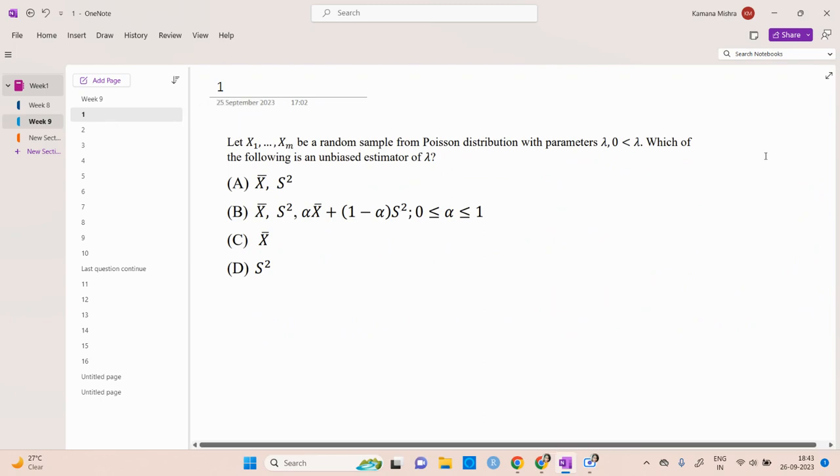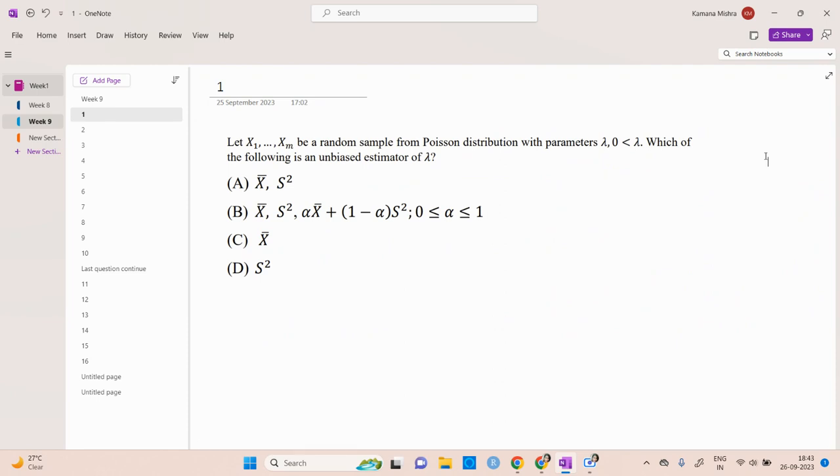Okay, now we will go to the questions. What is given here is that X1, X2, up to Xm is a random sample from the Poisson distribution with parameter lambda.